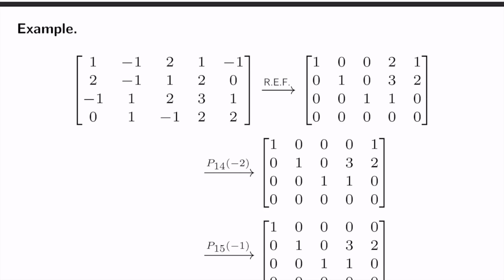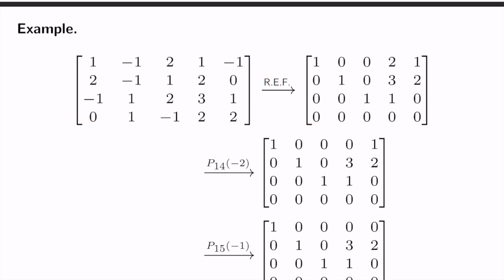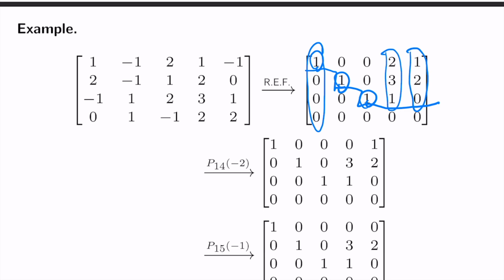So a series of finitely many elementary row matrices from the left, this matrix can be transformed into this matrix. And in reduced echelon form, we have this staircase pattern. And at each step, only one element is 1 and everything else is 0. And if the step doesn't change, then we may have many non-zero elements in the column.